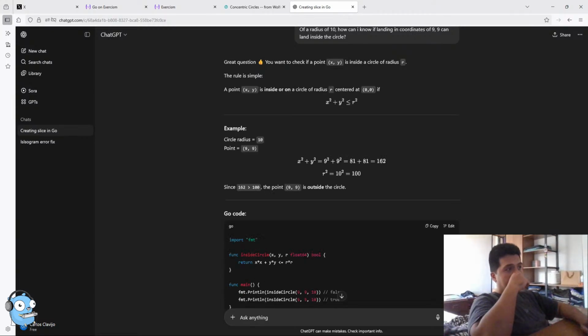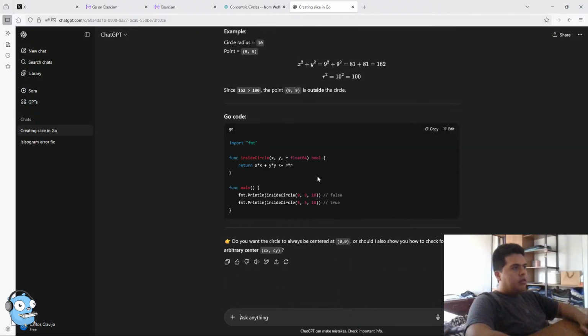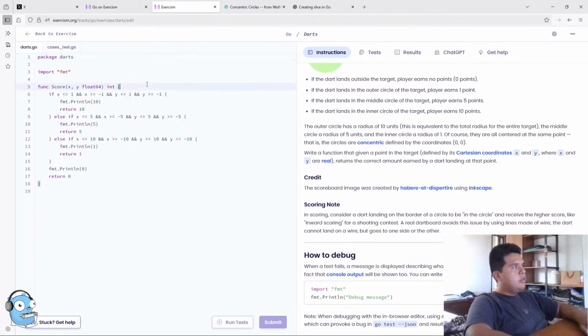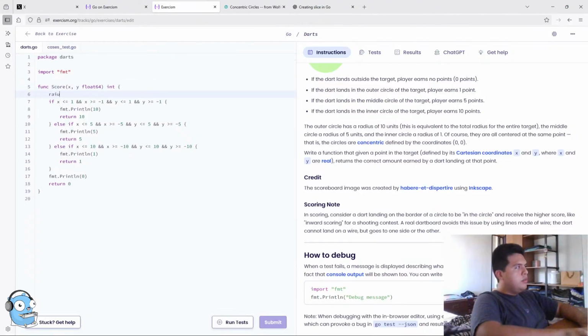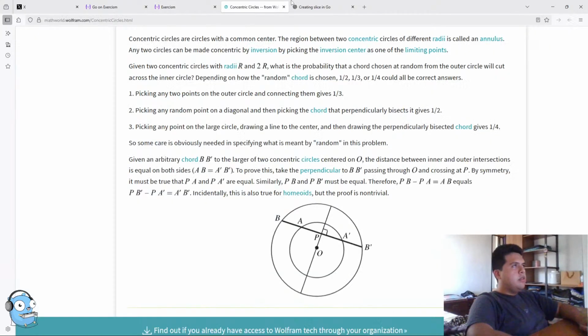So circle radius, since 162 is more than 100, the point is outside the target circle. Okay. Inside circle are the radius. The radius is equal to 10. Okay.